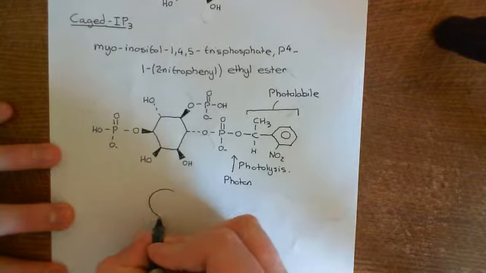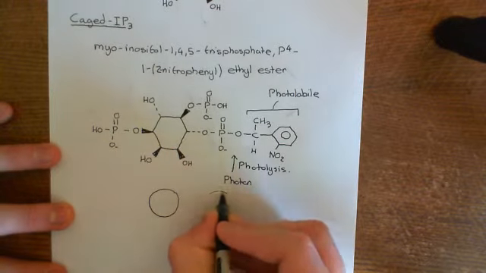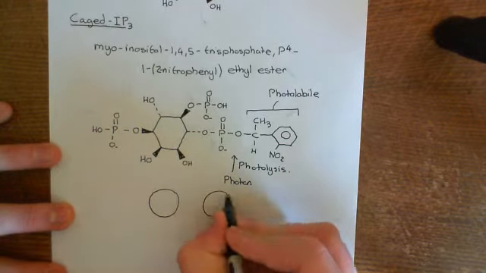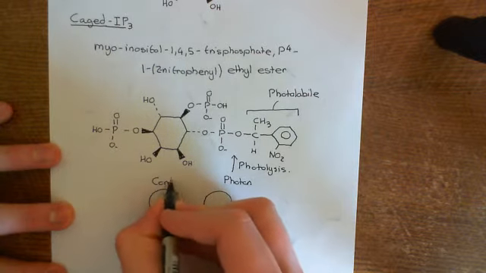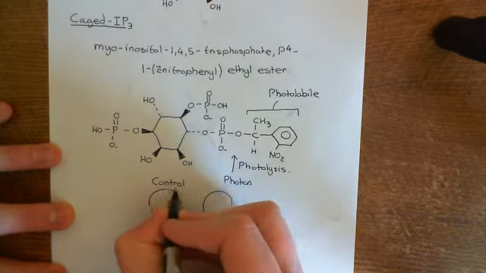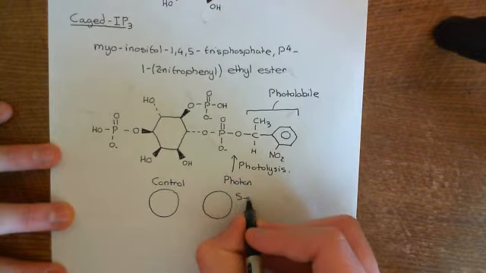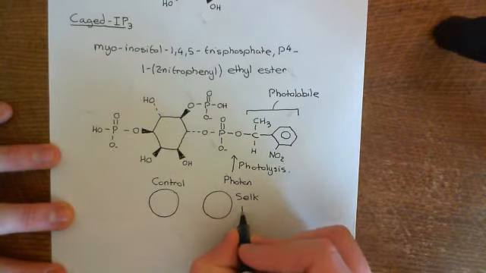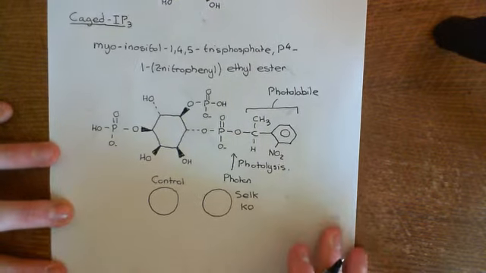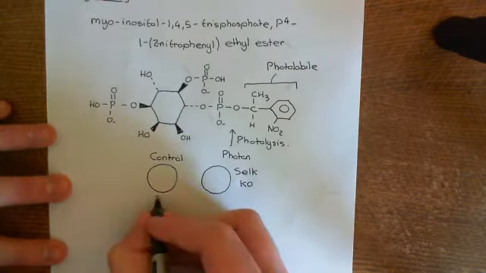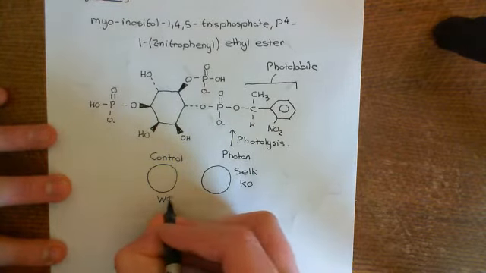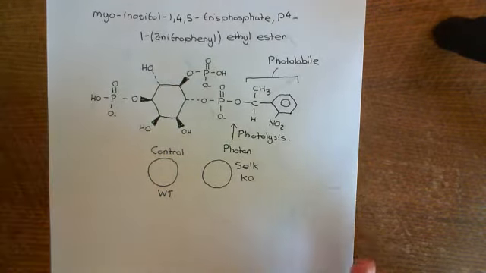Okay, so let's just draw this so that we can keep everything in mind. So if we have a control cell which has not had selenoprotein K knocked out, and then we have our selenoprotein K knockout here, and for short KO means knockout. Often you would call the control the wild type. Primary papers love that expression, WT rather than control.